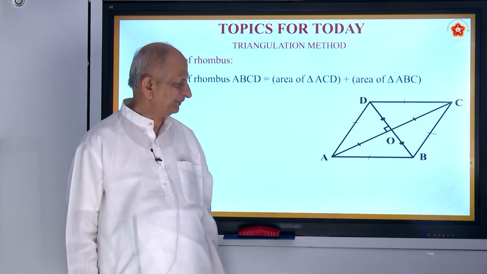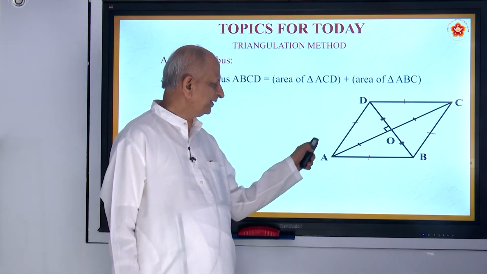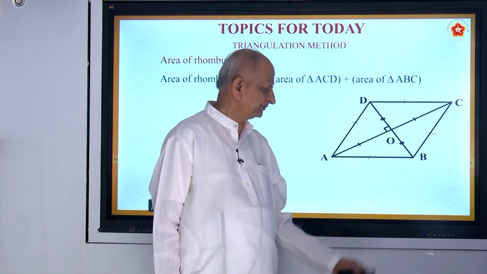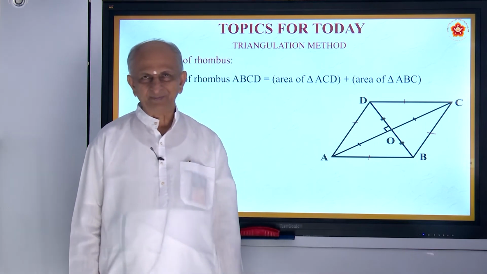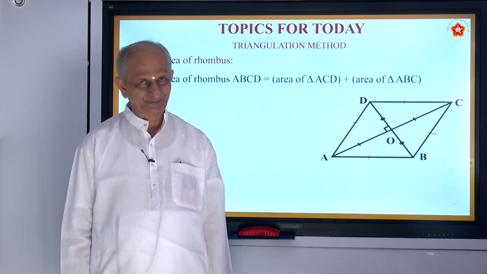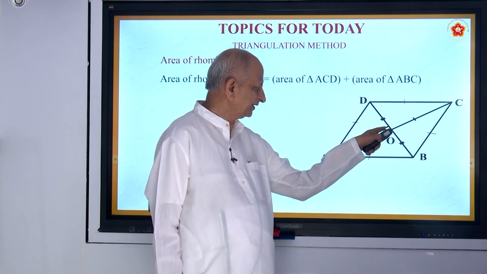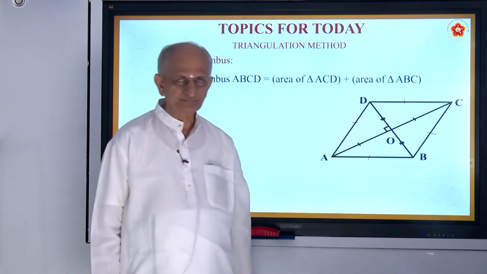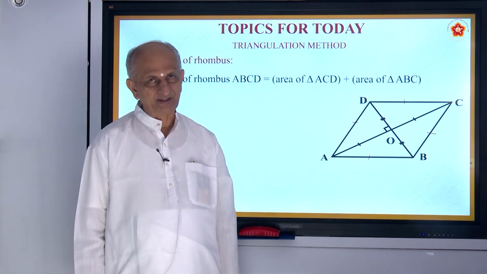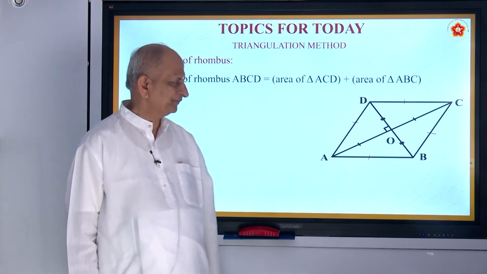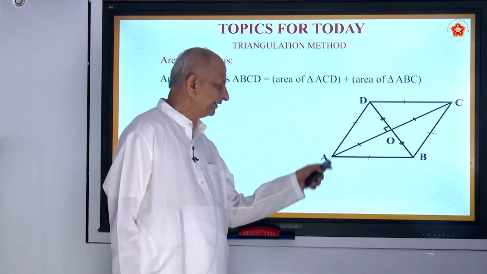That is why you can say all rhombuses are parallelograms, but all parallelograms are not rhombuses, because in a parallelogram diagonals need not bisect at right angles. They bisect but not at right angles. Okay. So it is a special kind of parallelogram.